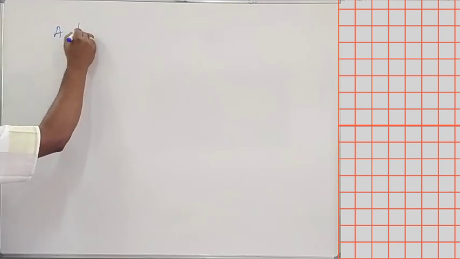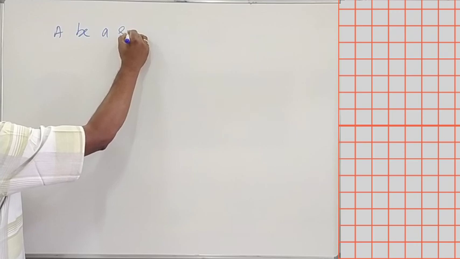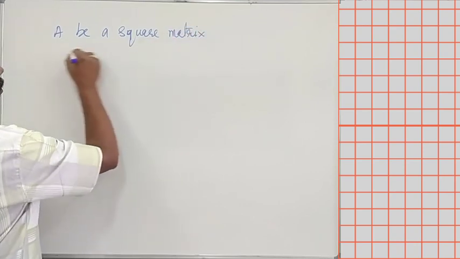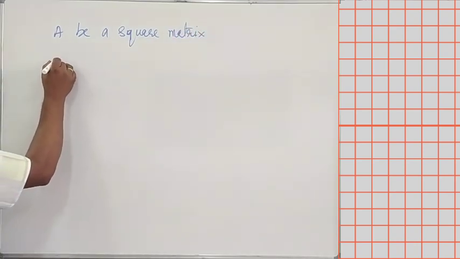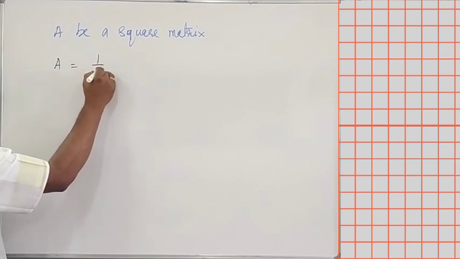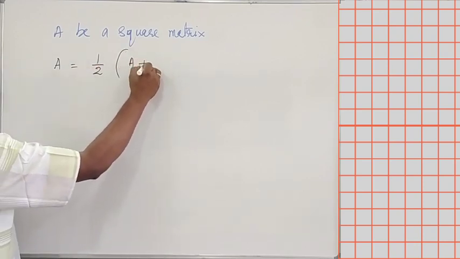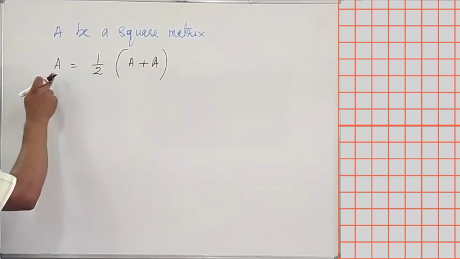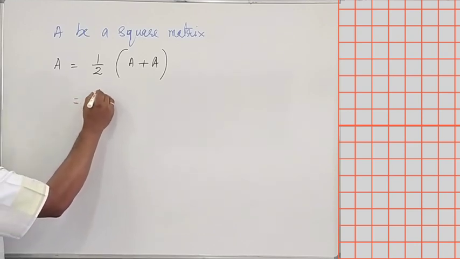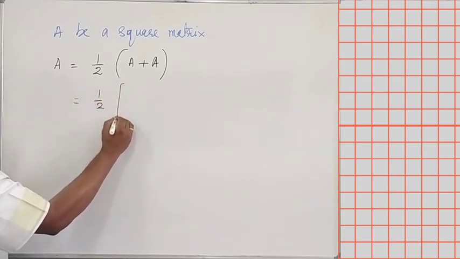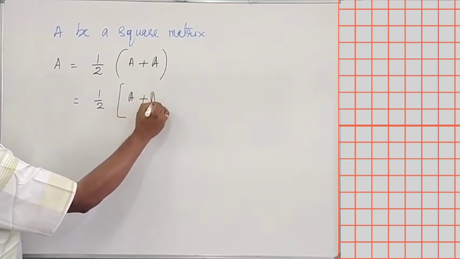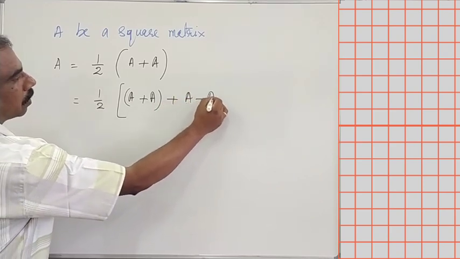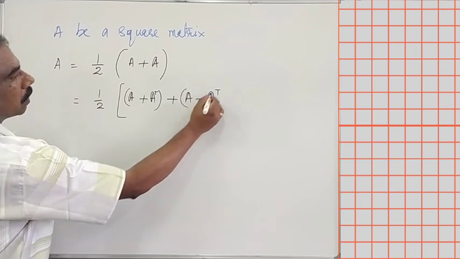Let A be a square matrix. We write A equal to half of A plus A. A plus A is equal to 2A and half of 2A, that's equal to A. We add and subtract A transpose, that is A plus A transpose, that is one group, plus A minus A transpose, the second group.